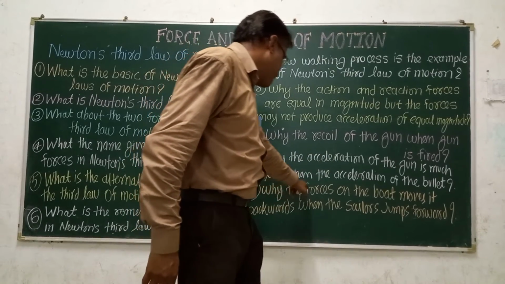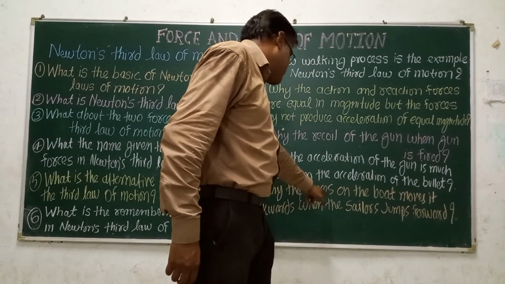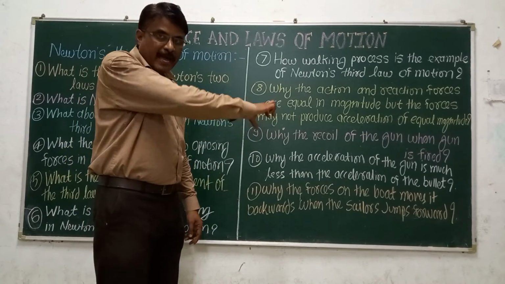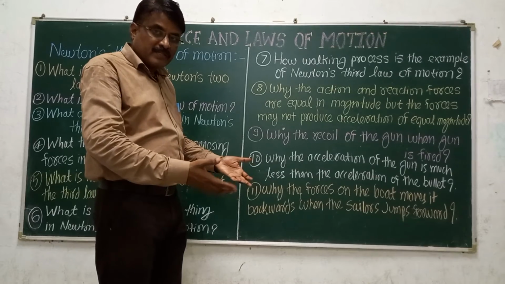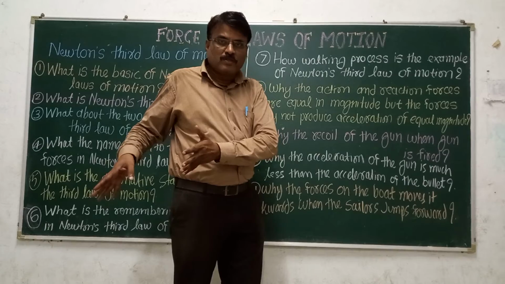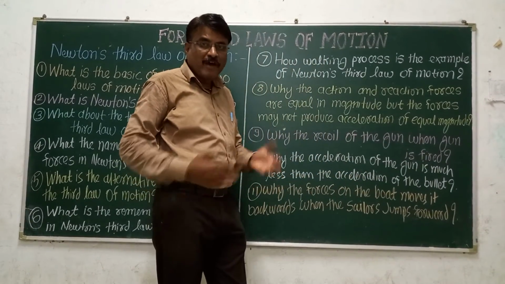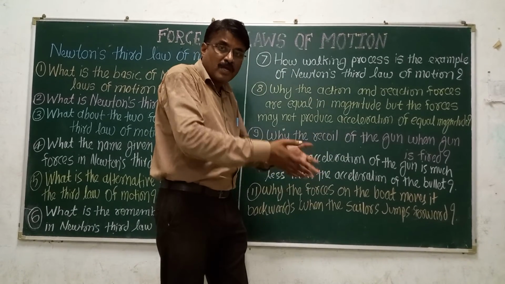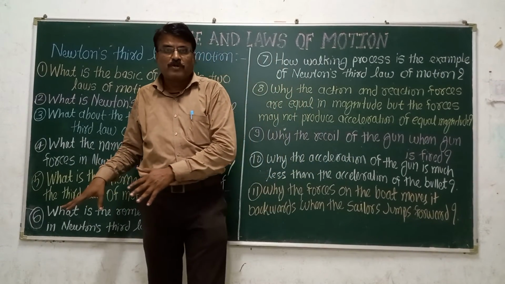Last question. Why does the force move the boat backward when the sailor jumps forward? At the bank, when the sailor wants to jump, the sailor exerts an equal and opposite force on the boat. While jumping, whatever force is required to jump, an equal and opposite force is exerted on the boat.